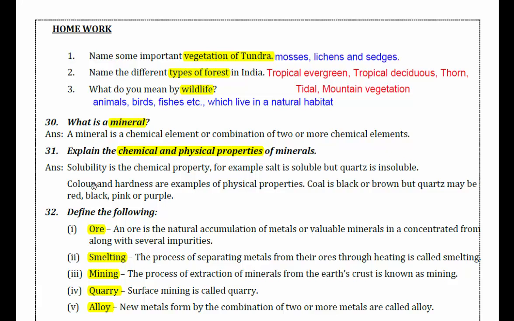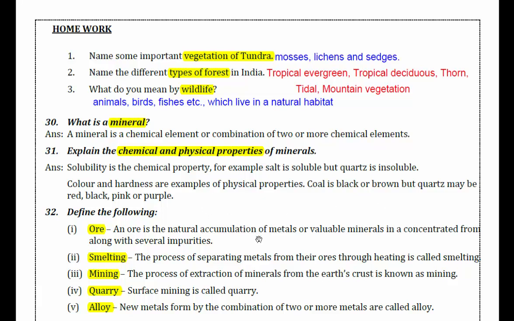Solubility is a chemical property, for example, salt is soluble, but quartz is insoluble. So that is the chemical properties. And physical properties, color and hardness are examples of physical properties. Coal is black or brown, but quartz may be red, black, pink or purple.